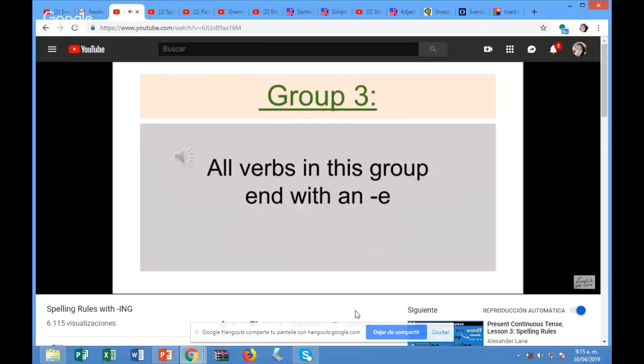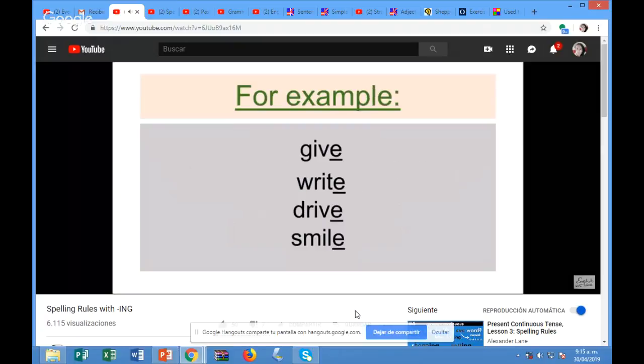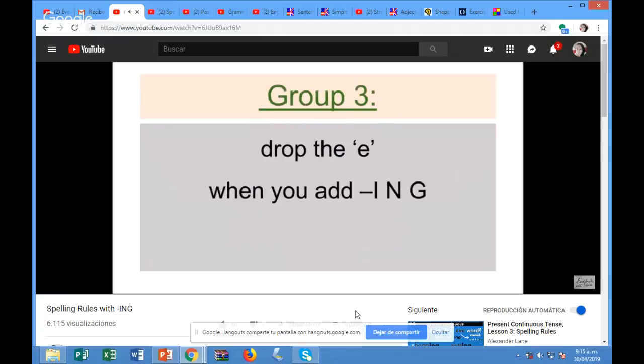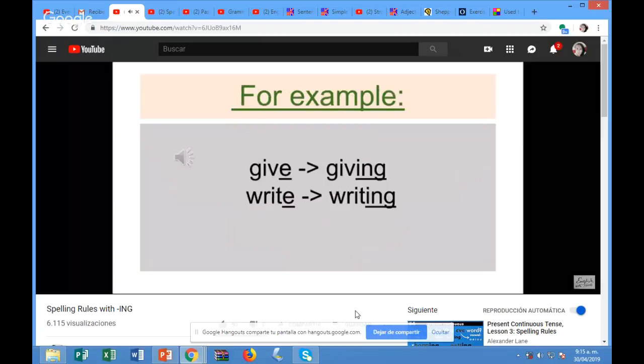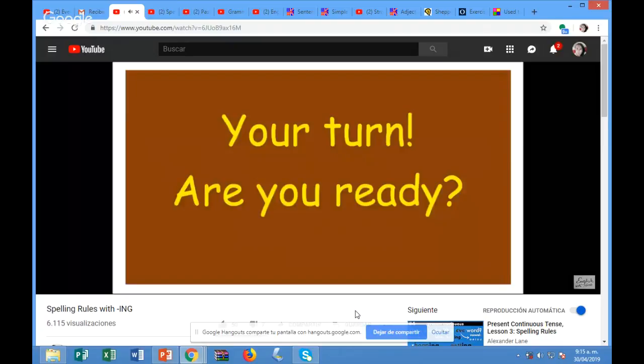Group 3. All verbs in this group end with an E. For example, give, write, drive, smile. Drop the E when you add ing. Your turn. Are you ready?